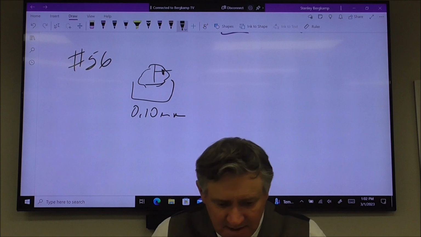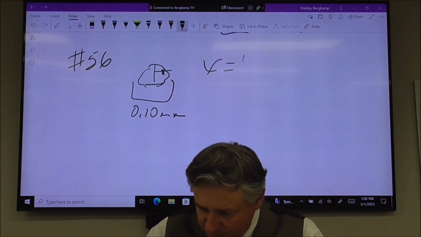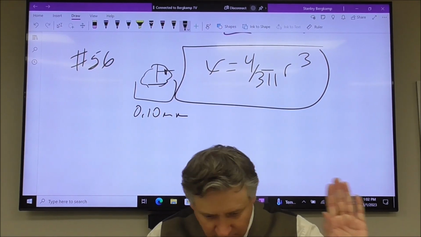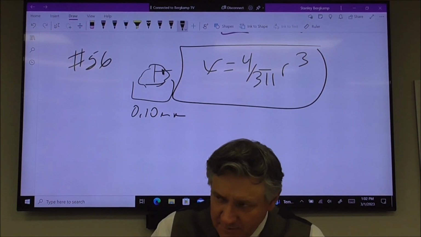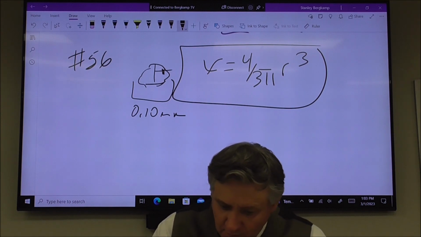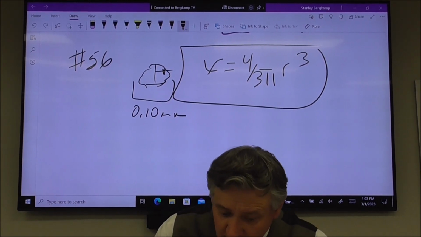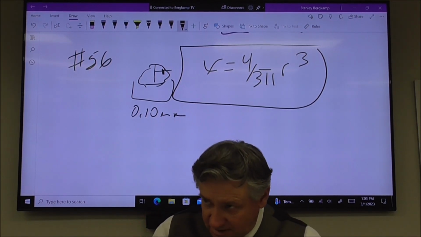So at the end of the day, you have to find the volume, and that's going to be 4/3 pi r cubed. If you need that for the test, I will give that to you. Don't worry about that. Then you can find the volume, and from there you can find the mass. From the mass you can figure out the total amount of charge on that, based upon all of those electrons, which should be about 0.06.